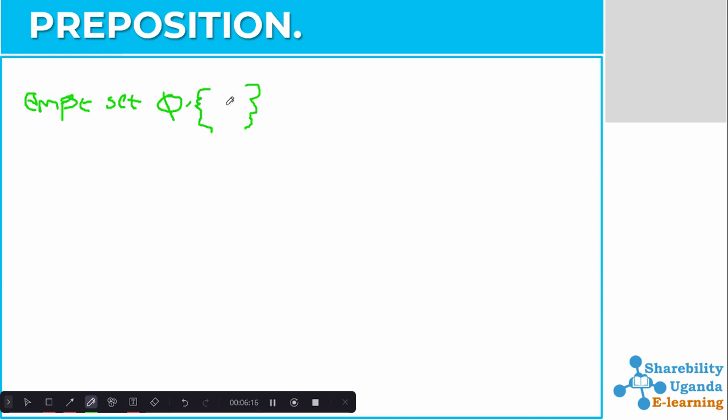We can say this is an empty set, or we can even use brackets with nothing in them, which clearly identifies an empty set. So according to the symbols, we should use such symbols to identify and understand that it is an empty set.